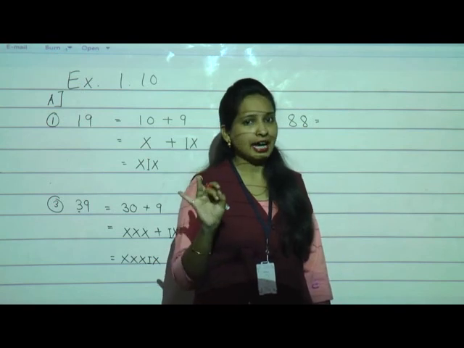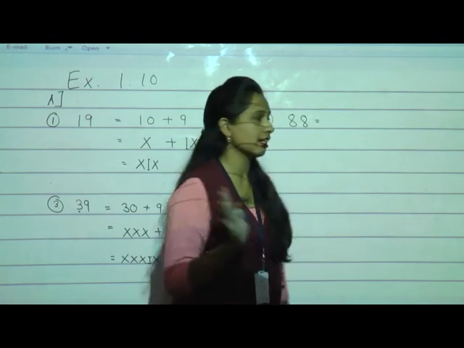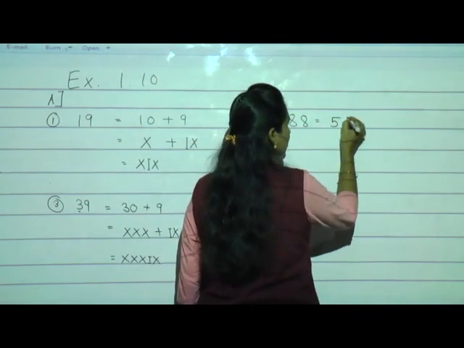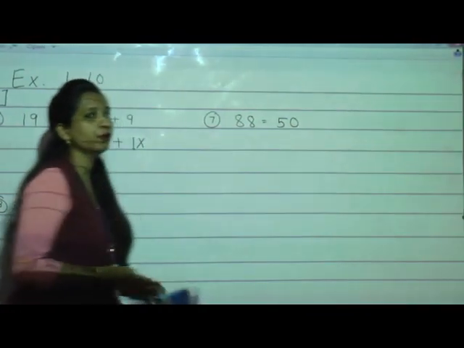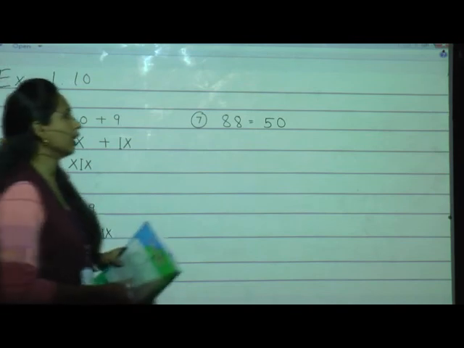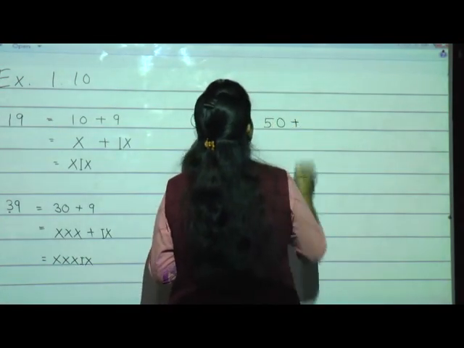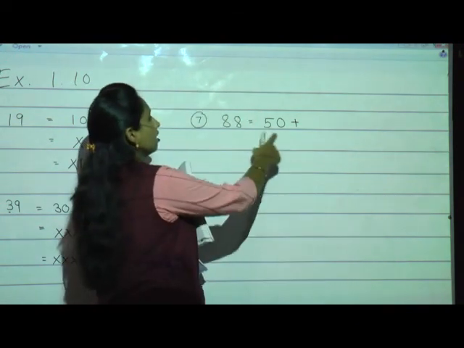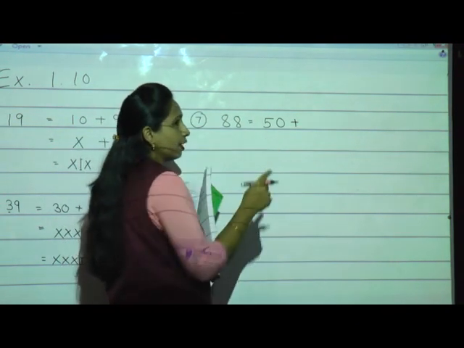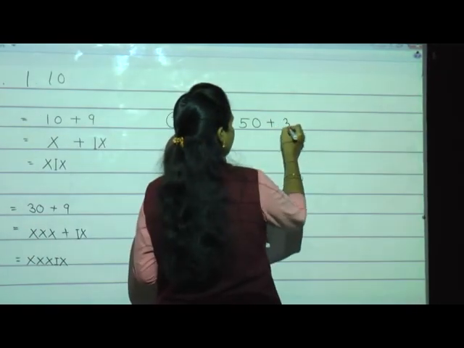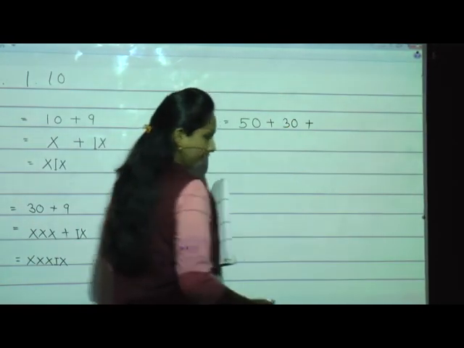I, X, V, L and C. So 88, we have to expand first 50, because 50 value we know as L. Okay. So just expand 50 first and again what is remaining? 88 minus 50 we do, 38 is remaining. So I will take 30 because 30 value we know very well.